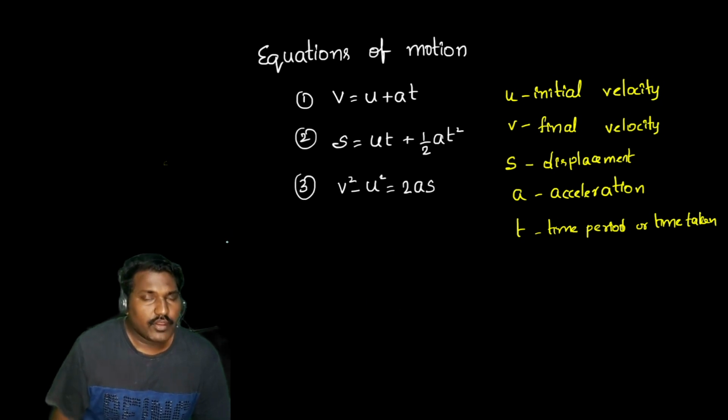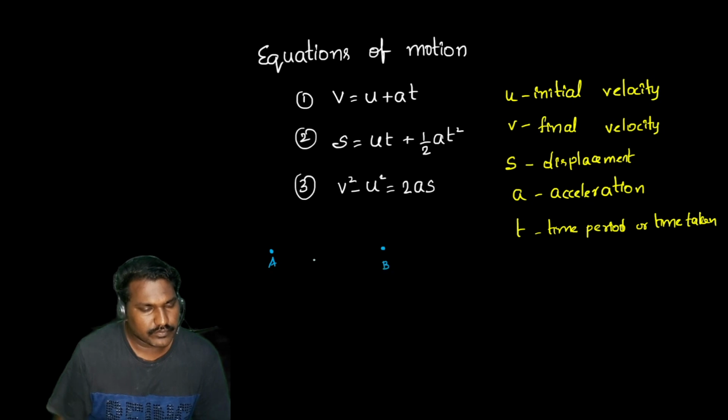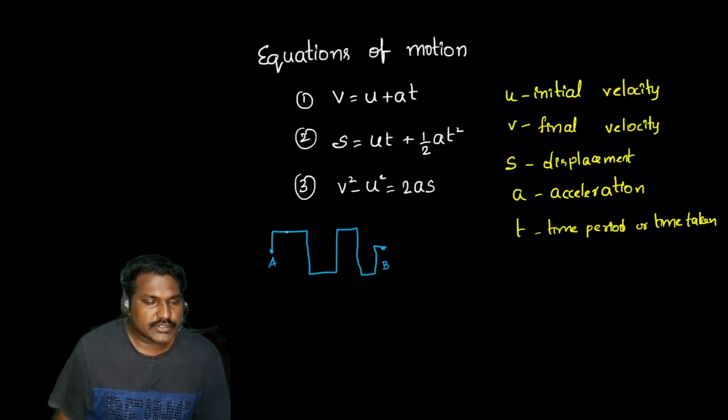We know that displacement is the shortest path, whereas distance is the actual path traveled. For example, if a body is moving from A to B like this, the actual path traveled is known as distance.